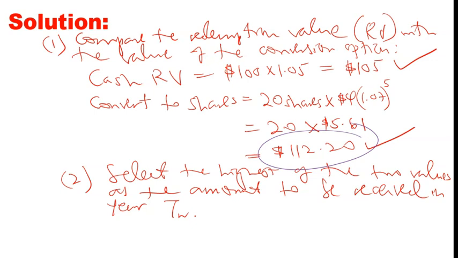Then obviously you have to value that bond based on the smaller amount, that is the cash amount, the redemption value. However, all things being constant, you follow this procedure where you just pick the highest amount.